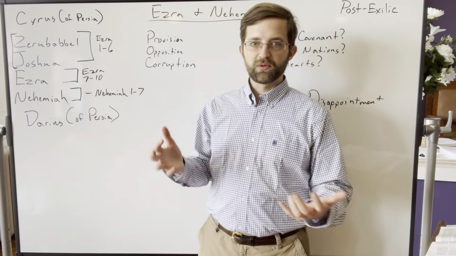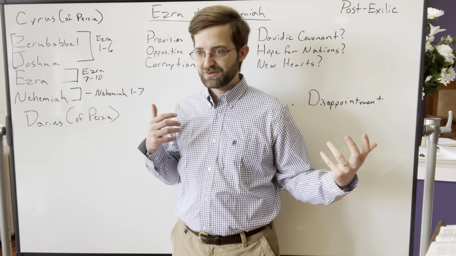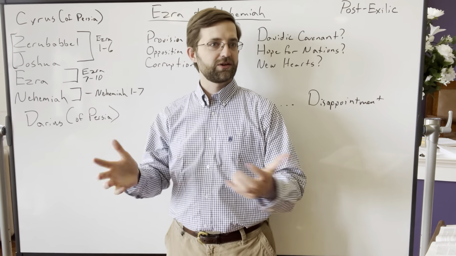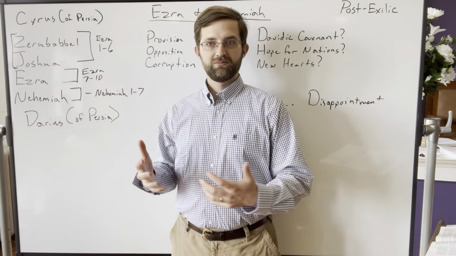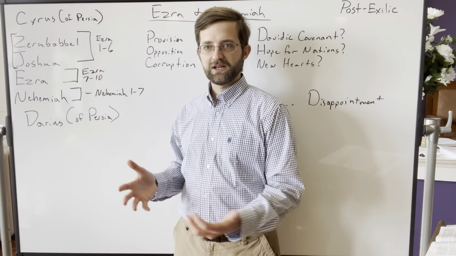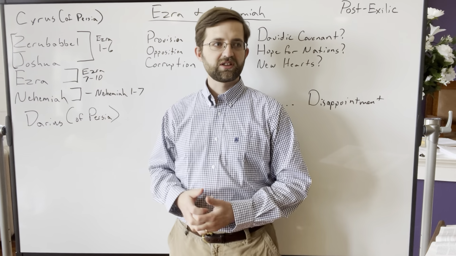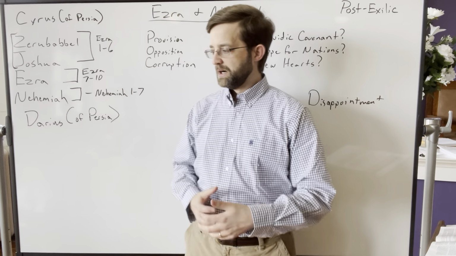And so it's not long before some of these governors get wind of what's going on, and so they come and see it, and then they write another letter back to the new king, King Darius this time, telling them that they're working, and they had asked for the names of those who were leading the people and leading in this work so that they could report it to the king so that the king could punish them or kill them.